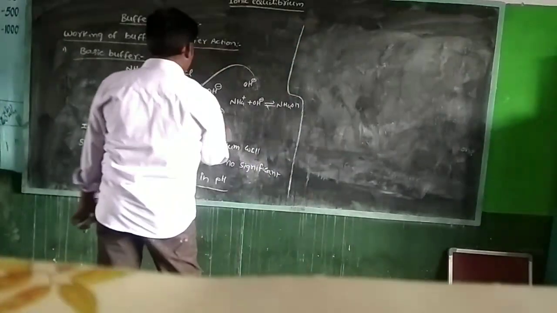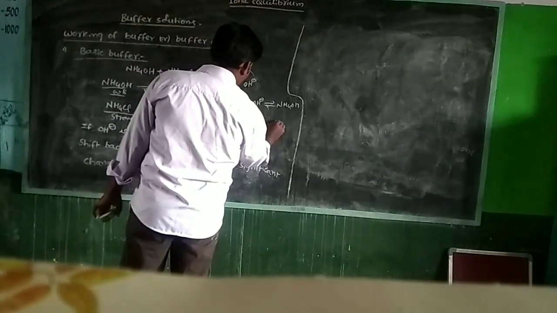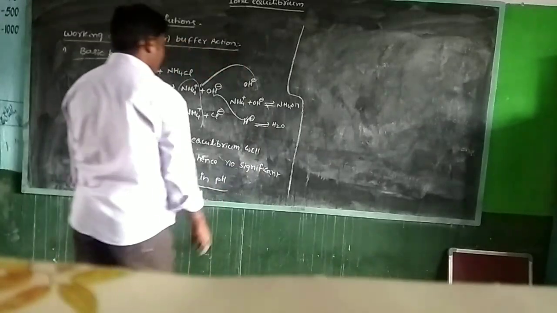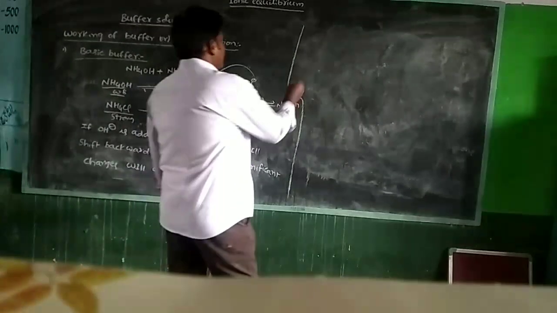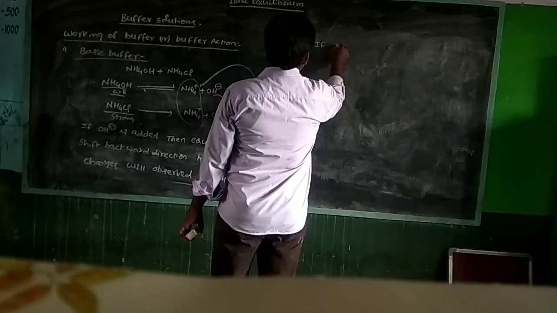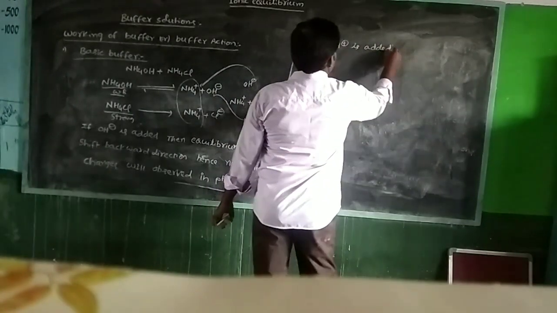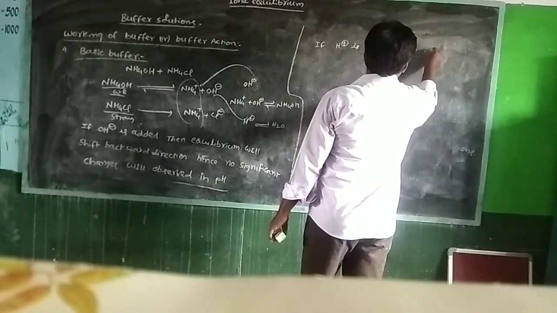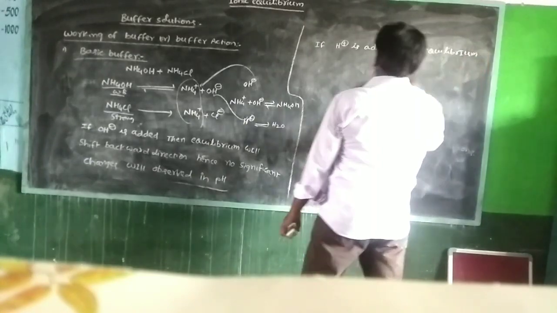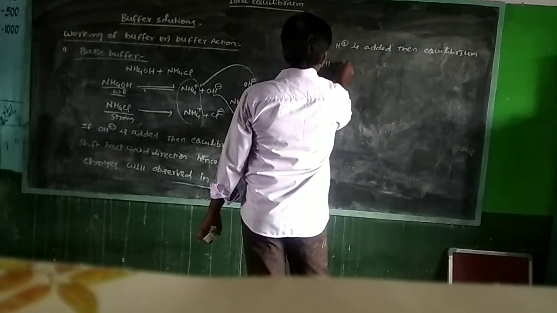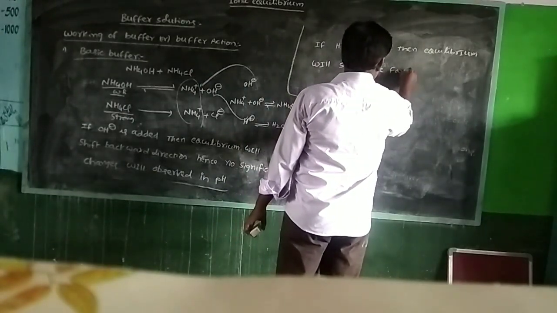If H plus is added, it is absorbed to get the undissociated water molecule, and the reaction will shift to the forward direction. If H plus is added, then the equilibrium will shift in the forward direction.